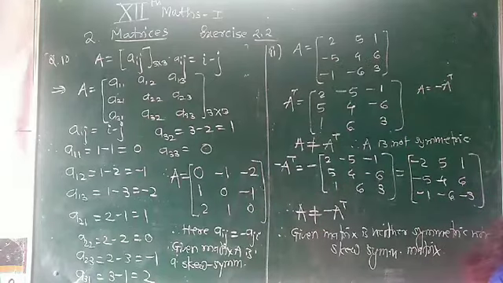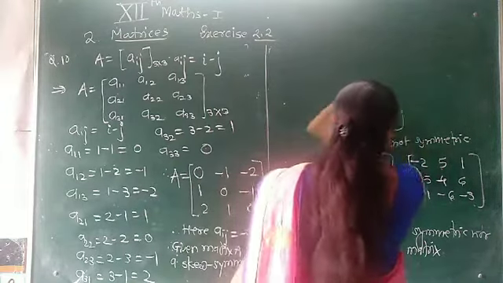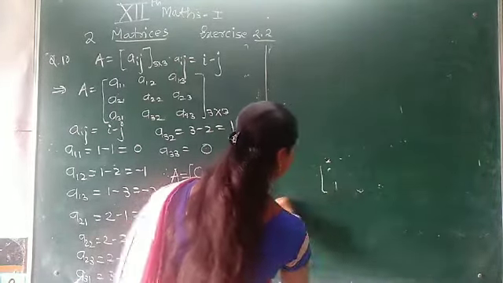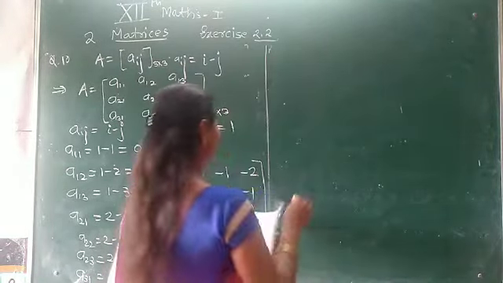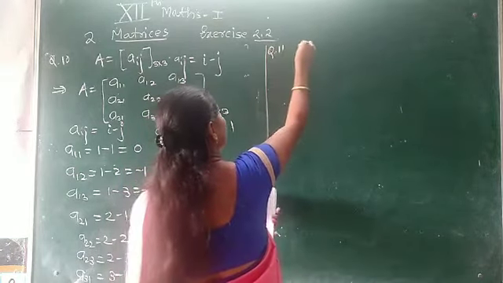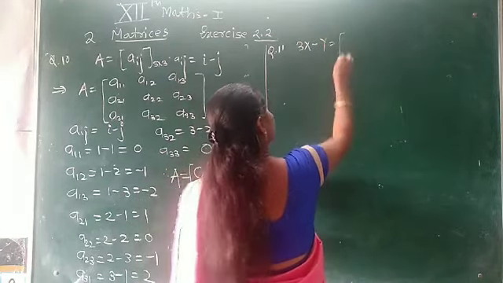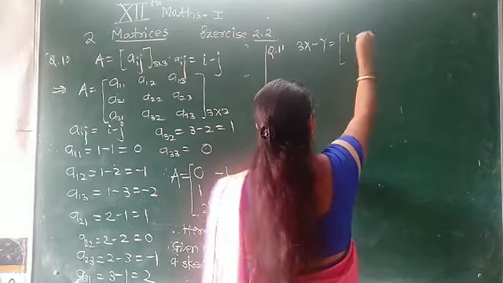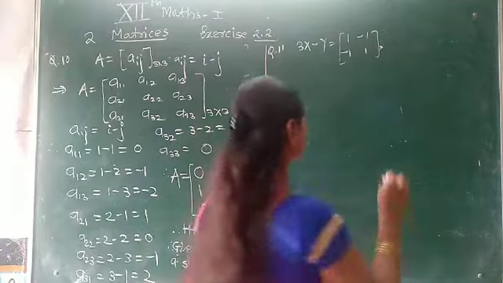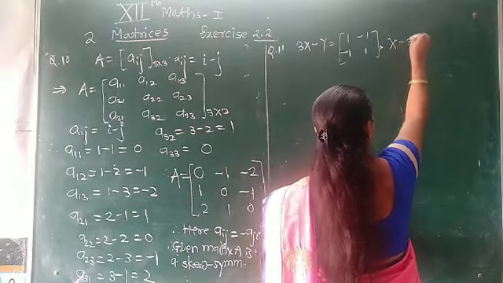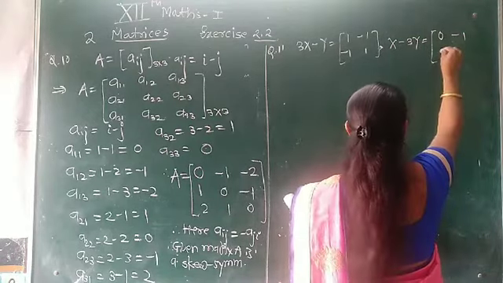What is question 11? Solve the matrix for x and y if 3x minus y, 1, minus 1, minus 1, 1 is given, and x minus 3y, 0, minus 1, 0, minus 1.